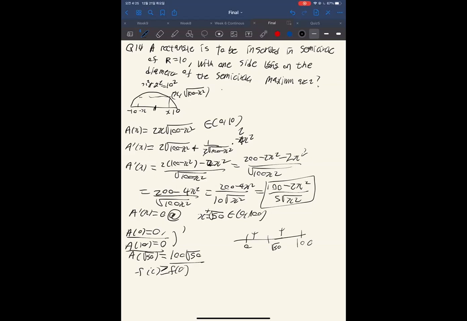Yeah, it still works because you still see that your square root of 50 would give you a value that is still bigger than the other parts. The maximum or minimum happens like this, isn't it? But it's still the positive value. Yeah, I guess. Okay, wait, let me just look at it for one second.